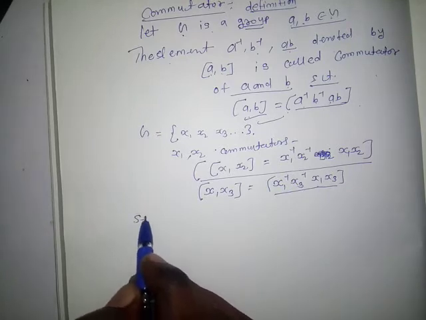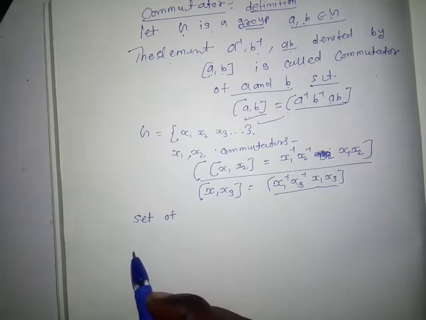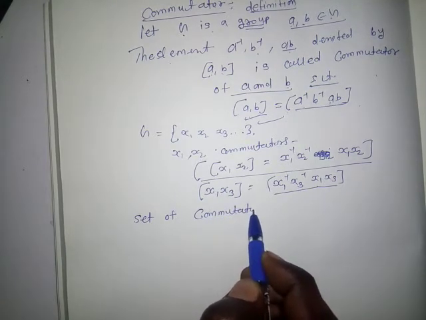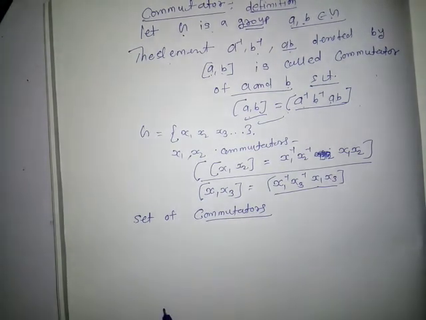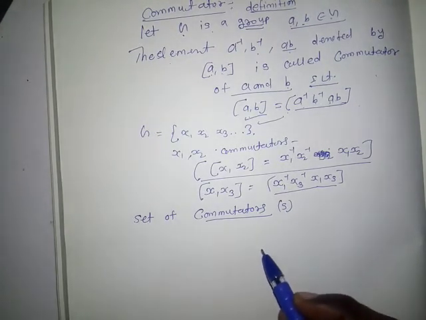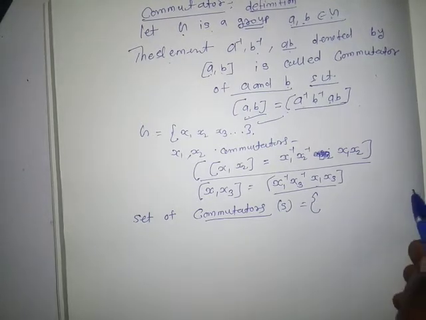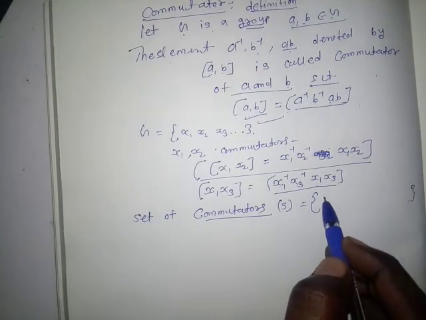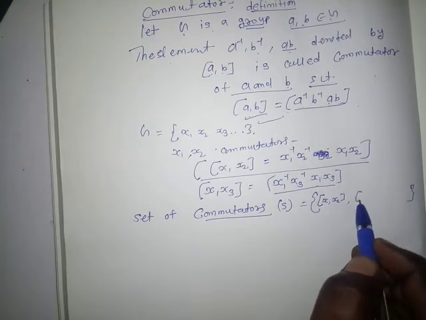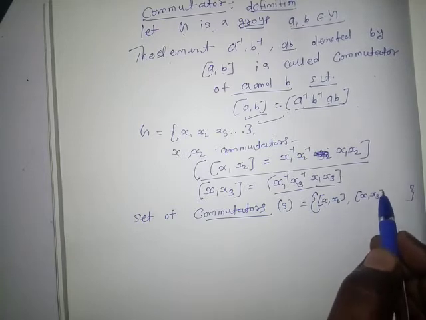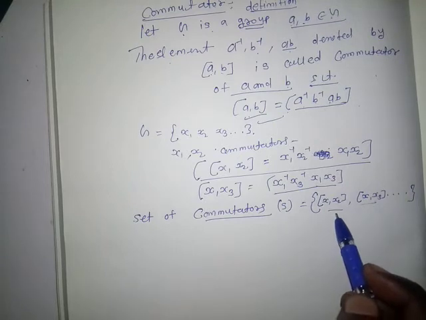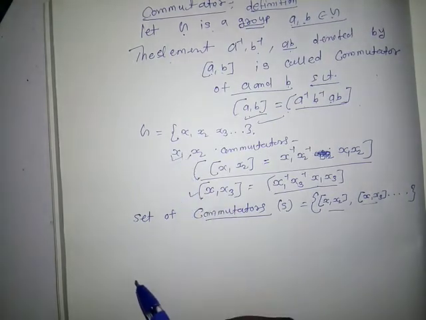Okay, and then the set of commutators. Students, the set of commutators S is denoted by [x1, x2], [x1, x3], and so on, because these are the commutators of the elements.